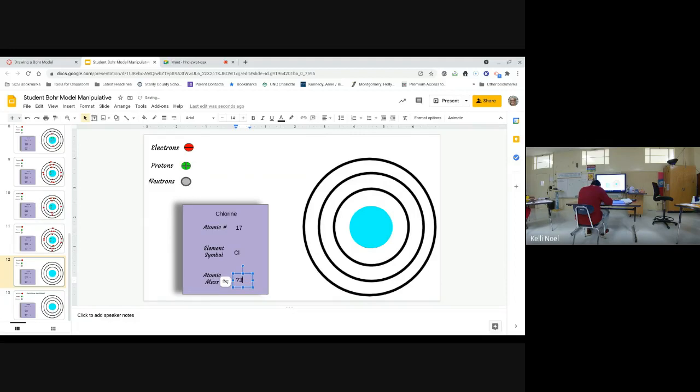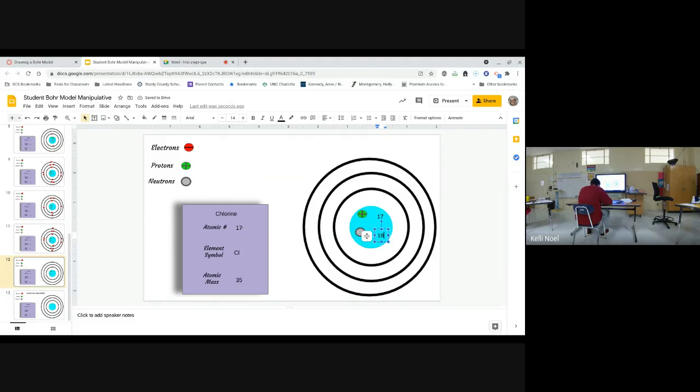All right, so again, I'm not gonna drag 17 over there, I'm gonna drag 1 p. And I'm gonna give you a text box, and I'm gonna say 17. My neutrons, if I take 35 and subtract 17, what am I gonna have? 18.